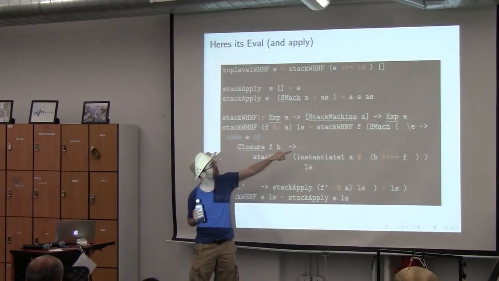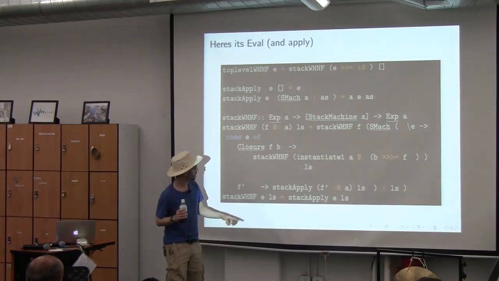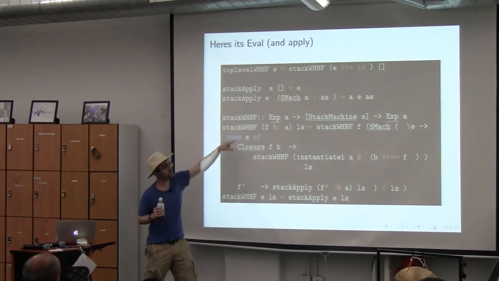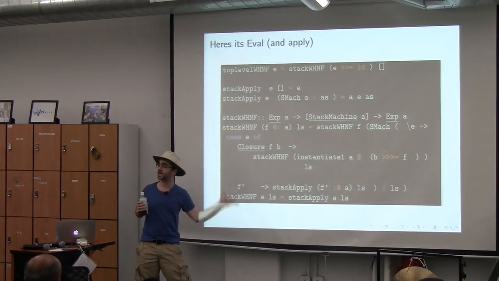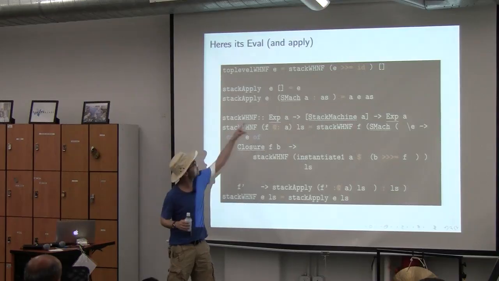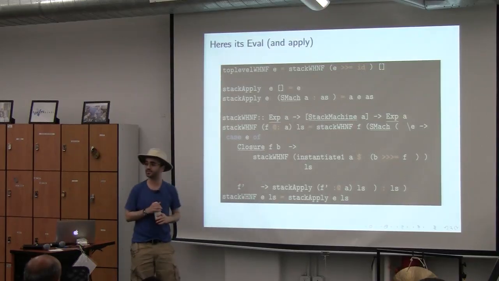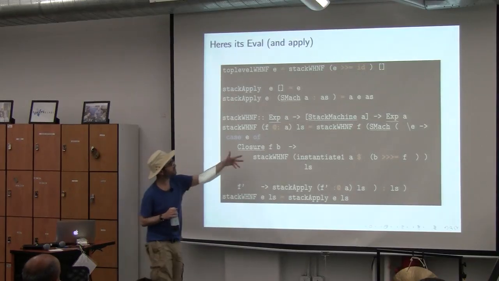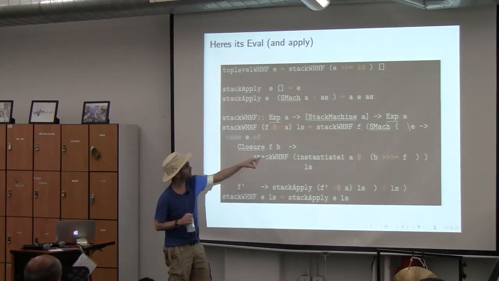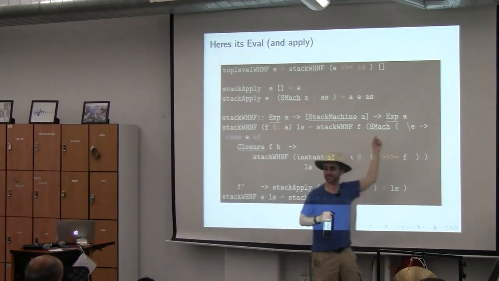In the meantime, it's just going to keep powering through until it hits a non-application case. Then it's going to apply a context and eval from there. The context I'm creating here is the constructor of this funny recursive type.